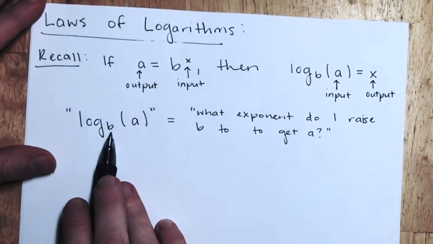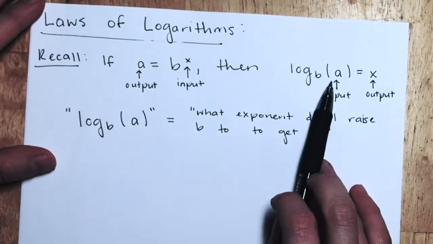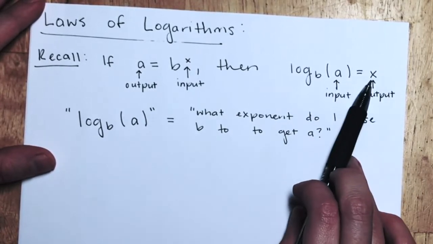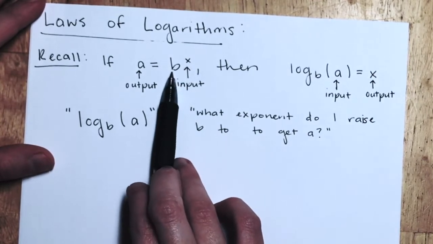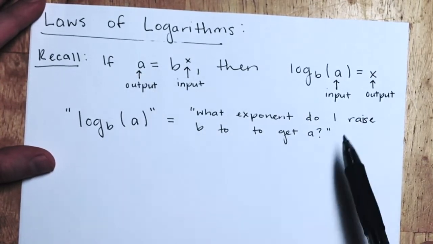That's what this is asking. The question log base b of a should be equal to x, which is the exponent that we can raise b to get a.